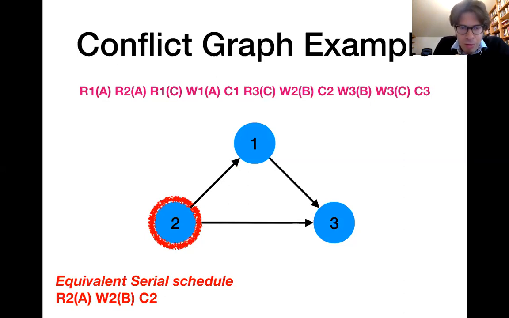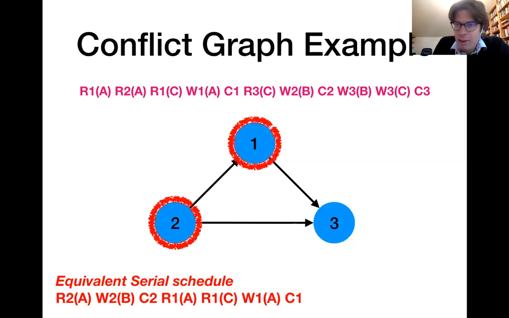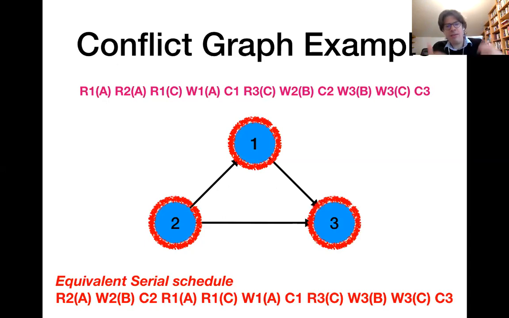So I'm gonna put transaction 1 next. And now finally, I can put the operations of transaction 3. And now I have a serial schedule that is conflict equivalent to the original schedule, and can do that quite easily using the conflict graph.